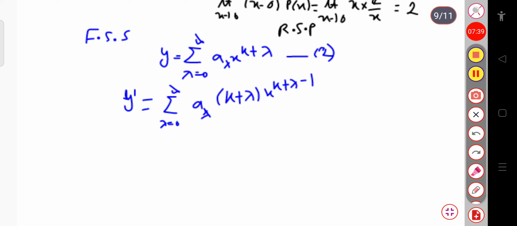This is your y prime, and similarly y double prime will be equal to the sum over lambda 0 to infinity.